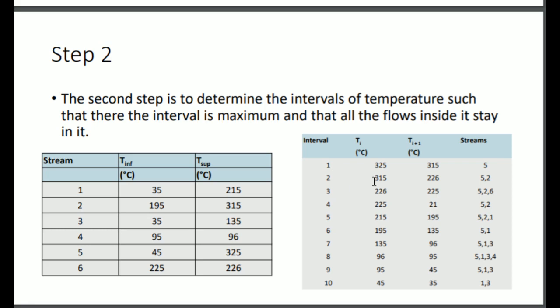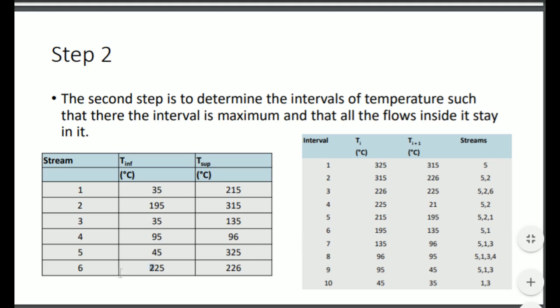Now for interval 2, we put the value that was back here, and we start looking for the third highest value. So here it's 226, and it will mark the entrance of the fluid 6. And here we have seen earlier that 315 means that the fluid 2 enters. So we have two streams, 5 and 2. And we go on. Obviously we remove them when they leave, like the fluid 6 at 225.